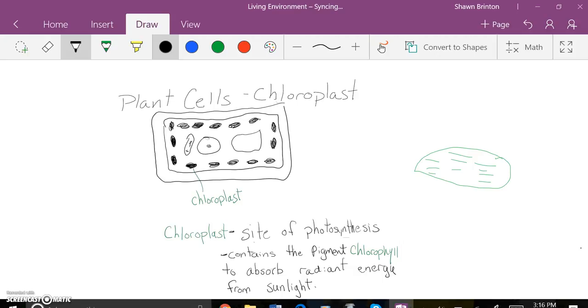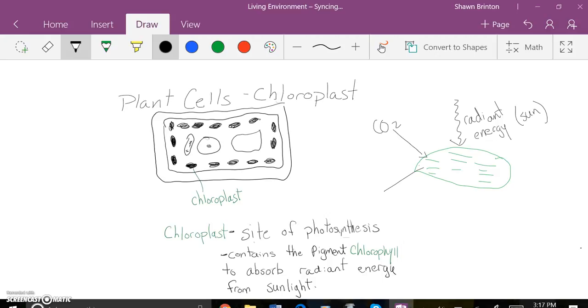Over here I have a chloroplast, and basically what you want to make sure you understand is that you have your radiant energy from the sun, and we have carbon dioxide, CO2, going in there.